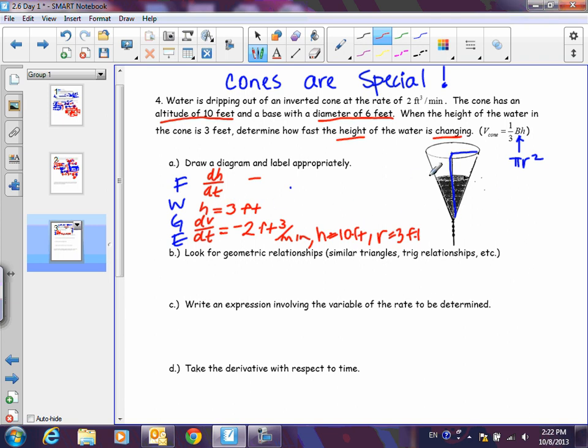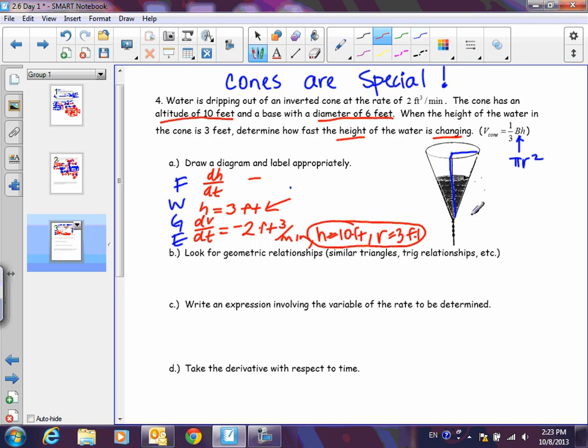You have the big cone, like your container, and then you have the current condition. That's why I want you to distinguish the when. The when is going to be right then, okay? So later on, when we plug all that stuff in, we're going to plug in 3 for H. This business right here is going to give us a relationship that we're going to need when we get stuck, but again, we're going to do that tomorrow.